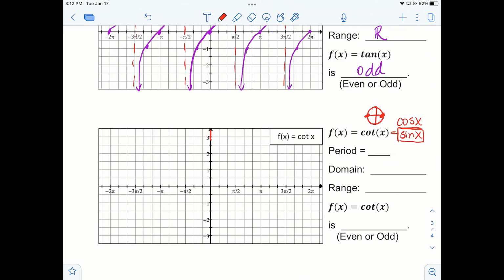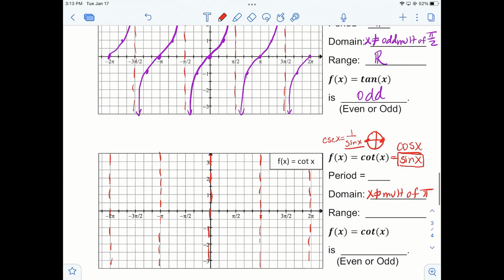So cotangent has asymptotes all at the pi's. And so its domain is going to be the same multiples of pi as what? Cosecant. Because again, cosecant is 1 over sine. They have the same denominators. So they have the same bad spots.